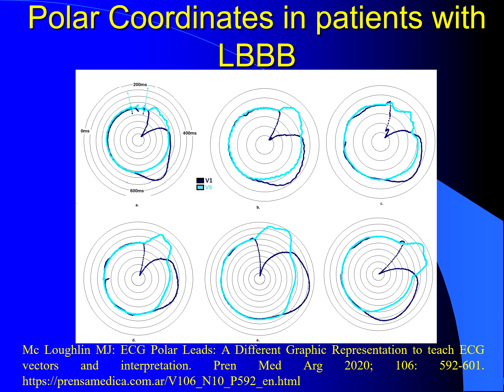Polar coordinates in patients with LBBB. In patients with complete LBBB pattern, the comparison between pool V6 and pool V1 shows the V6 QRS wave delay with the typical plateau.